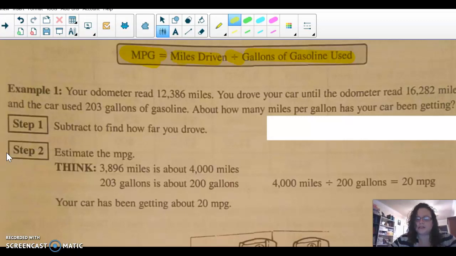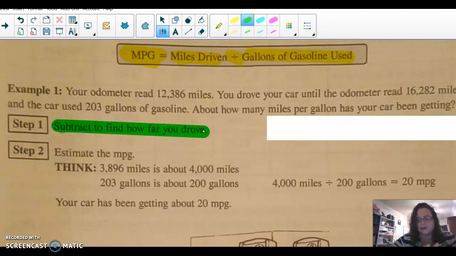So step one is going to be to subtract to find how far you drove, or how many miles you went. So I'm going to take a look at my readings. My first reading was 12,386. My second reading was 16,282.